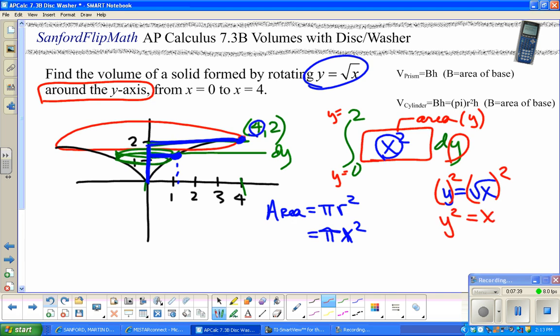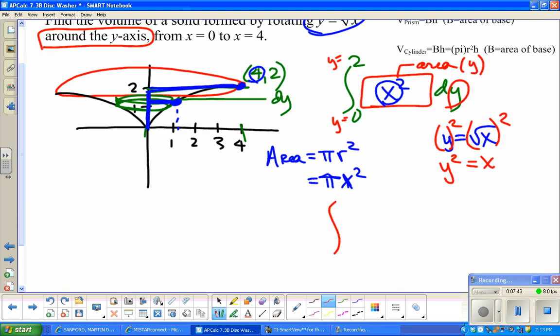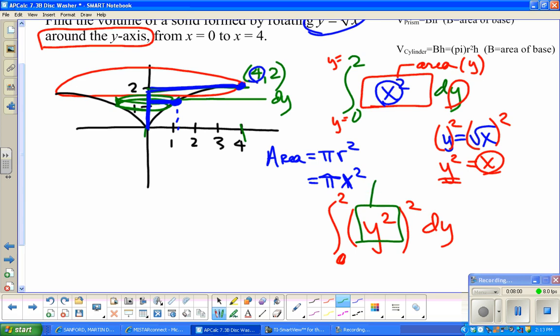So this integral that I wrote was the antiderivative, or integral, from 0 to 2 of x squared dy, but instead of writing x, I'm going to write y squared. Just a clarification here: it was x squared because x was the radius of these circles.